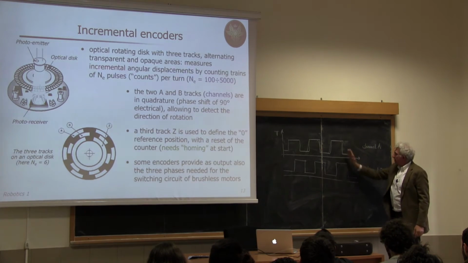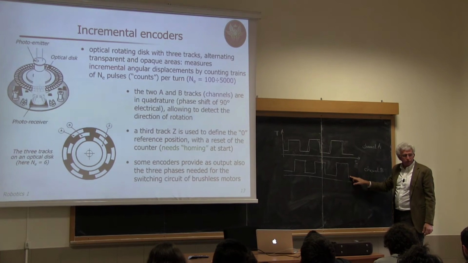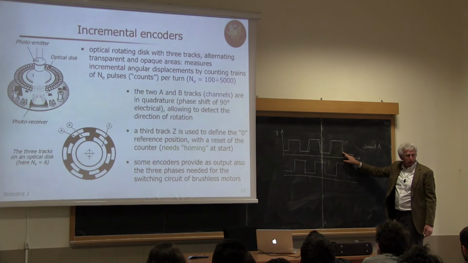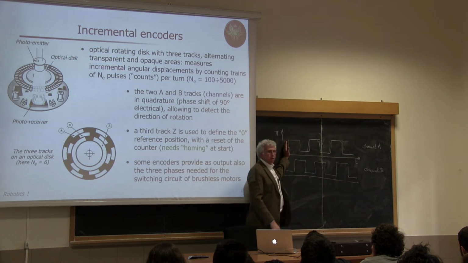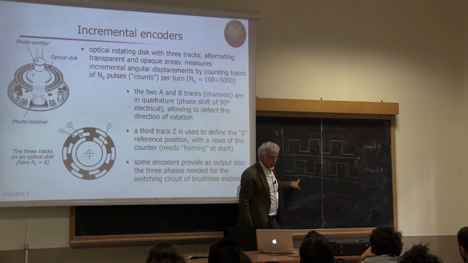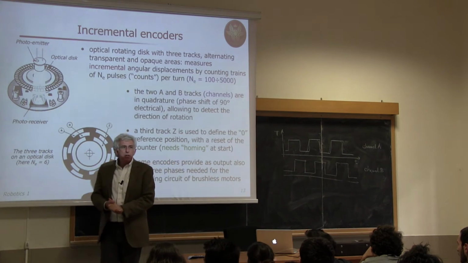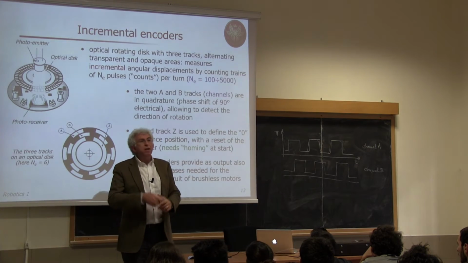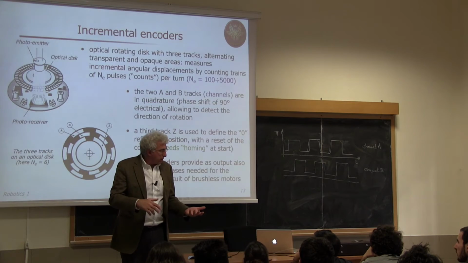If you're rotating in one direction, you will see first the leading edge of channel B, and then the leading edge of channel A. If you're rotating the other way, so you're looking from this side, and this train of pulses is coming toward you, you will see first the leading edge of channel A, and then the leading edge of channel B. So you can set up some simple electronics in order to detect if you're incrementing or decrementing, if you're rotating clockwise or counterclockwise.